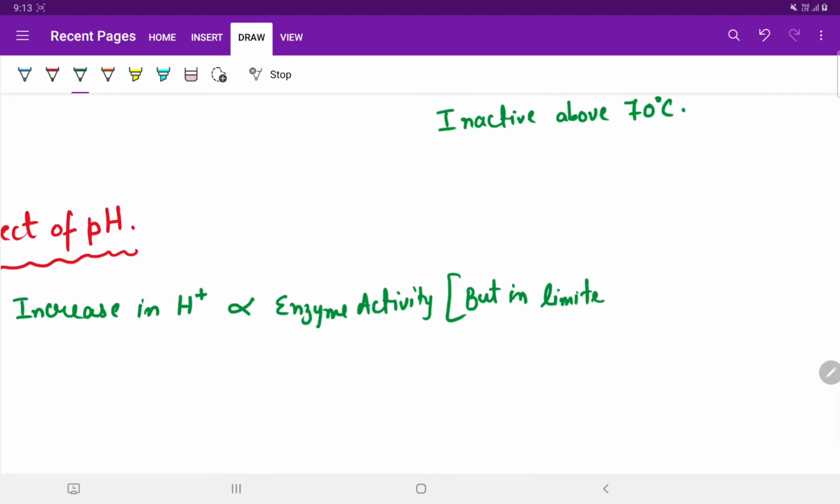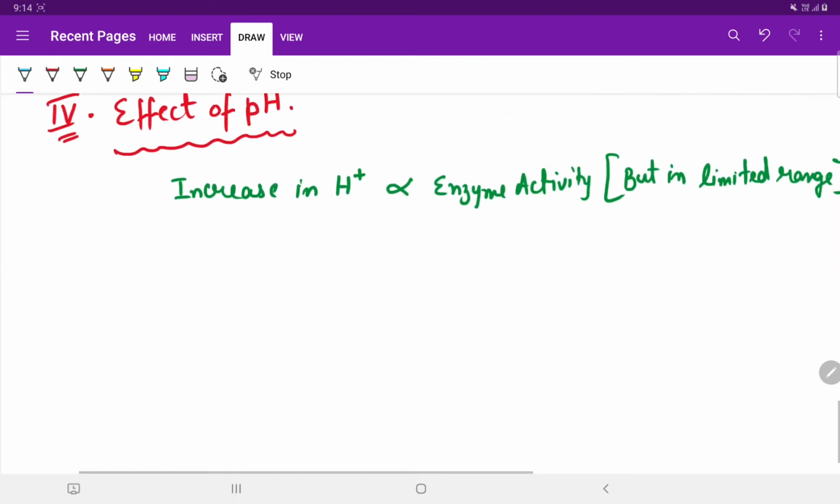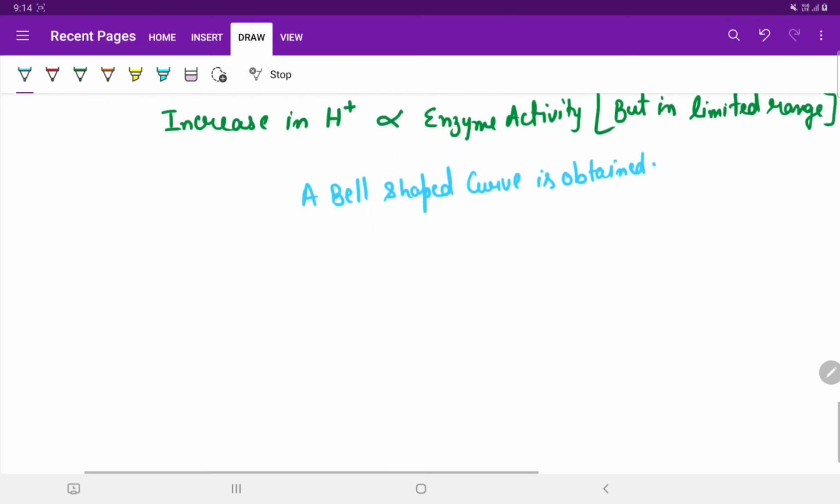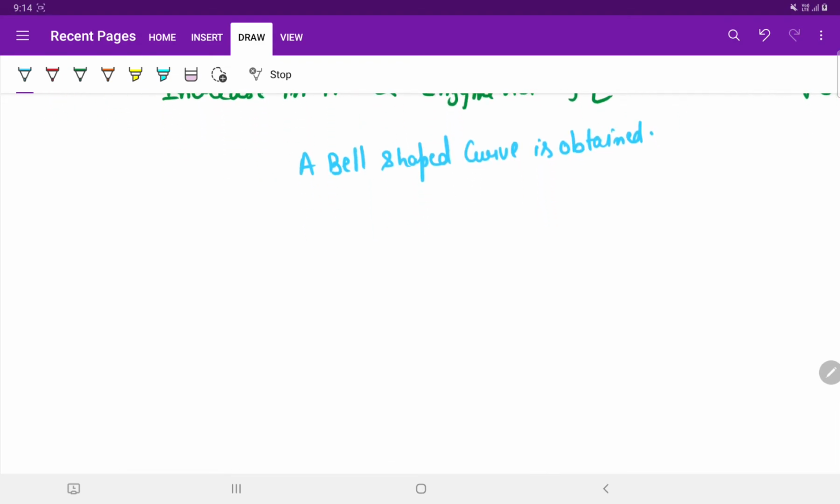As in the case of the effect of temperature we see a bell shaped curve, similarly in the case of pH also a bell shaped curve is obtained. Each enzyme has an optimum pH at which the velocity is maximum.